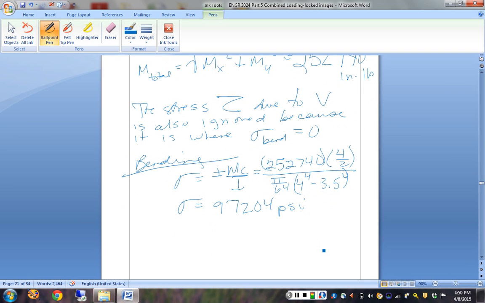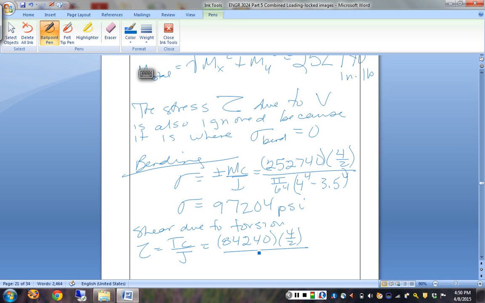What else do I have? I have shear due to torsion, which is TC over J, and we figured out that T was 84,240. That same C, and J is twice as big, pi over 32, 4 to the 4th minus 3.5 to the 4th, and that ends up being 16,199 PSI.